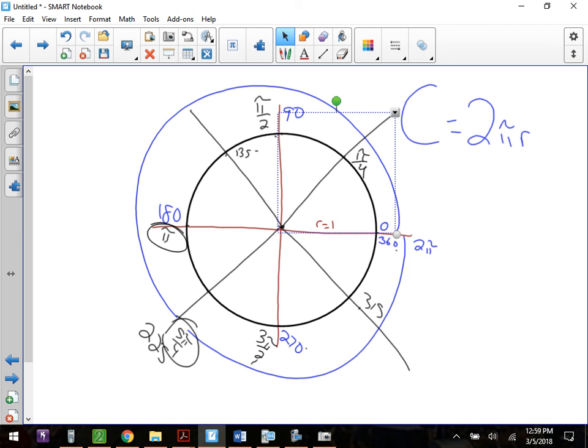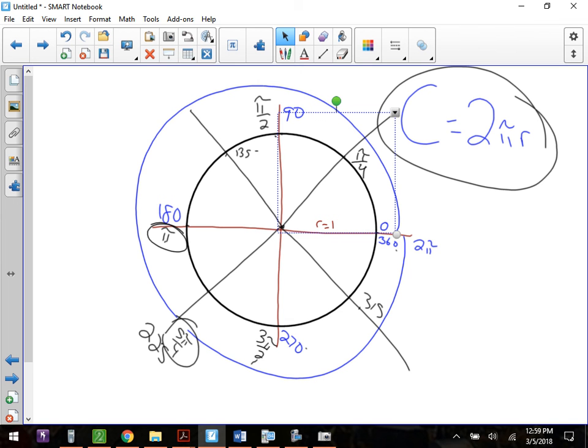These are called radians, and it deals with circumference. That's why we talk about circumference in terms of 2 pi, because you're breaking it down from a degree measure to what's called a radian measure. And that's how everything gets calculated out.